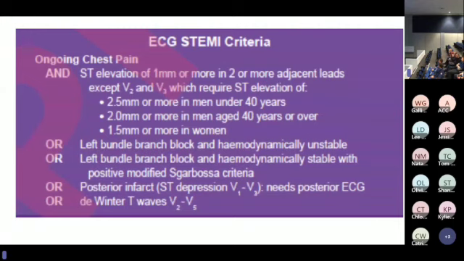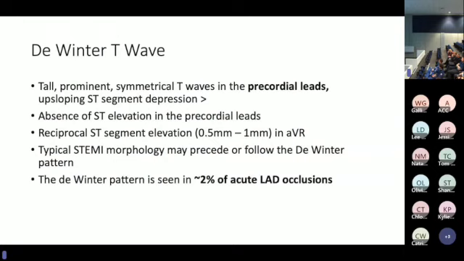this is actually from the PAXA guidelines that we use in New South Wales. So you can see there that the STEMI criteria include the De Winter T waves, and that's quite straightforward. What you get is tall, prominent, symmetrical T waves in precordial leads with upsloping ST depression.